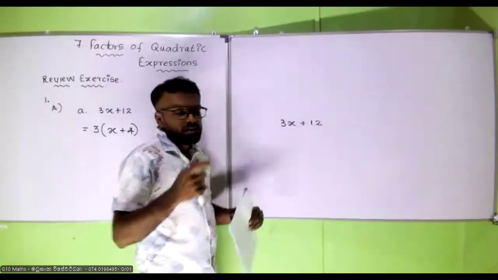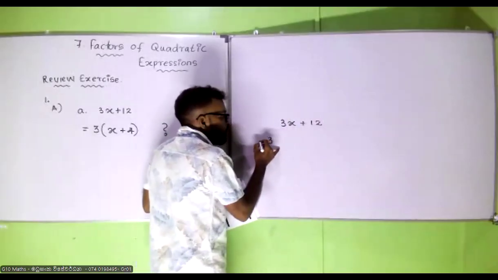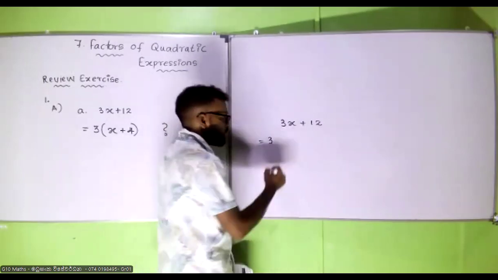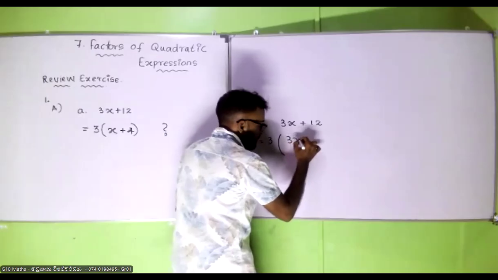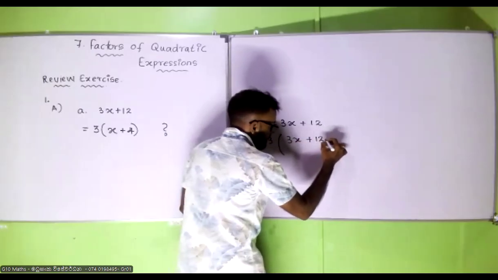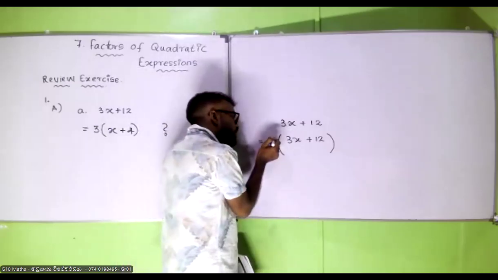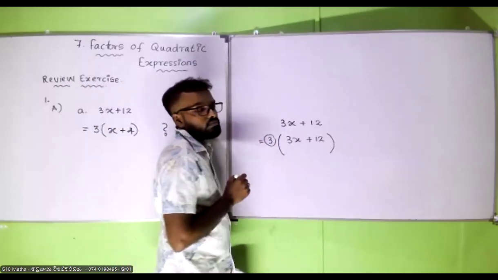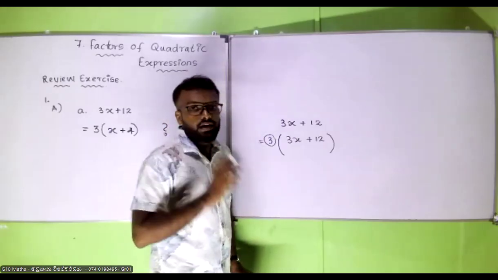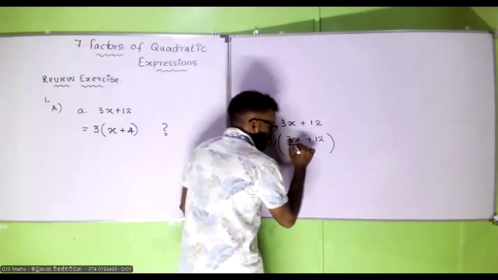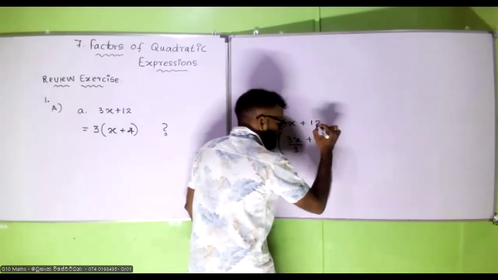If you are taking a common term, that is 3, out, the meaning of that: this is your expression 3x plus 12. If you are taking your common term 3 out from the parenthesis, the meaning is you are going to divide this term by 3 and this term by 3.